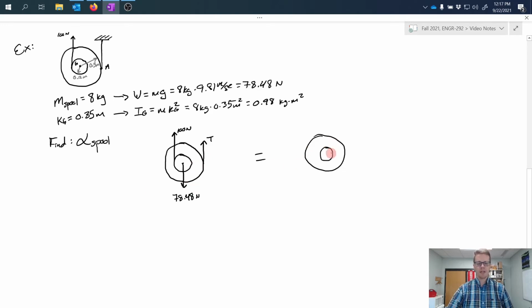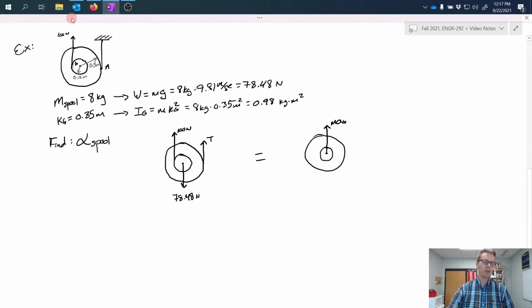Now we're going to set that equal to our kinetic diagram. Possible motions for this: as it moves up, we can expect the whole spool itself to move in an upward direction. So that's realized on our kinetic diagram as a mass times an acceleration of the center of gravity G. Also, as this is happening, we would expect the spool to rotate.